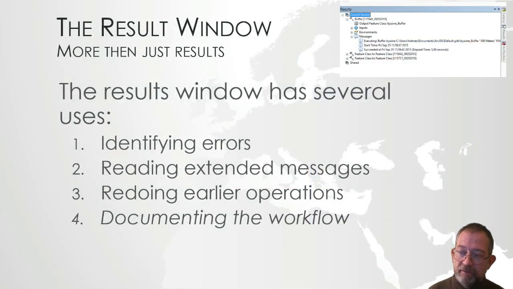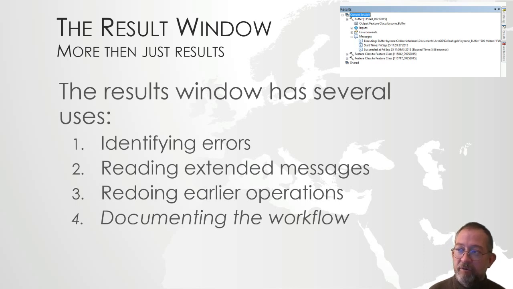The results window is an interesting window because whenever one runs a tool alone, not when you run it in the ModelBuilder later, but when you run it alone, it will put its output information into the results window. So you can see which tools you ran, you can see their parameters, you can go in and redo operations.